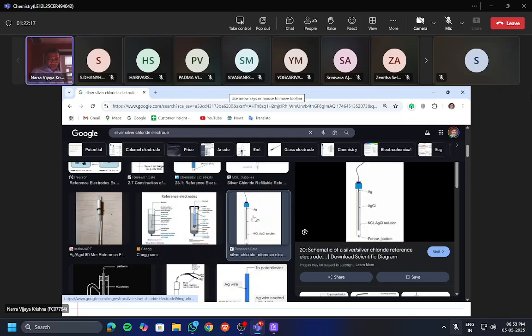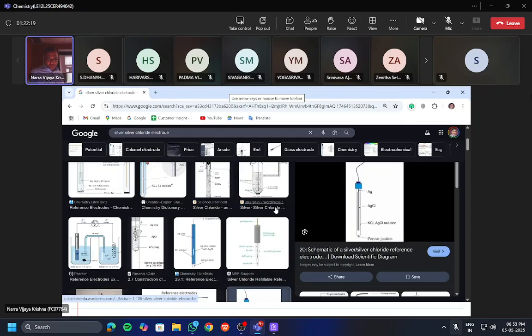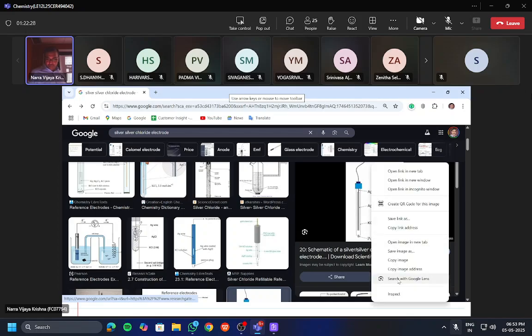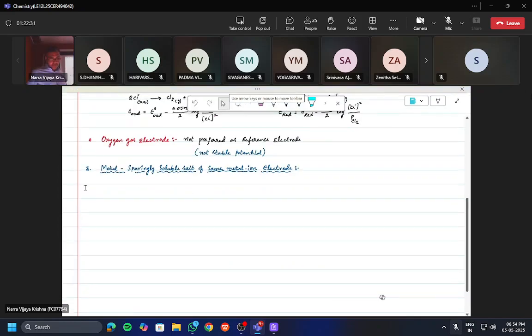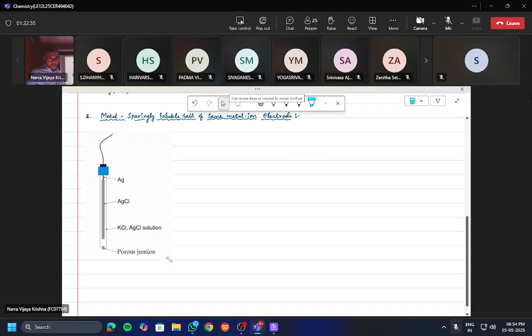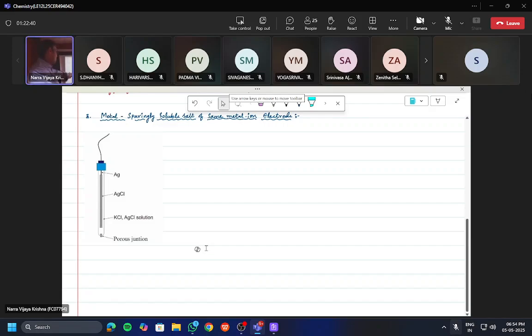For me, this image seems to be more convenient compared to this one, so I am taking this one. On the surface of the silver wire, the AgCl coating is there, and KCl solution is there.